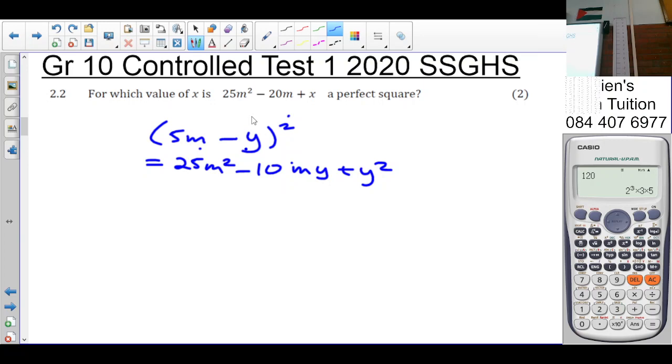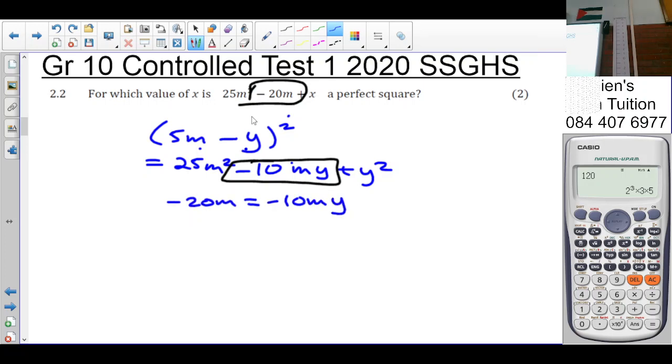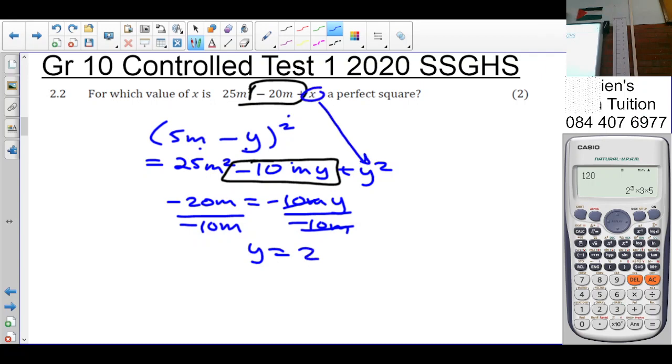So this negative 10my has to be equal to negative 20m. To get y on its own, I divide by negative 10m on both sides. That cancels, so y is equal to 2. But x is in y squared's place, so x is then equal to 4.